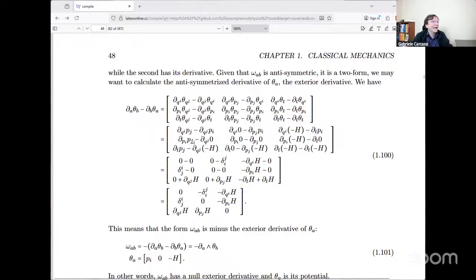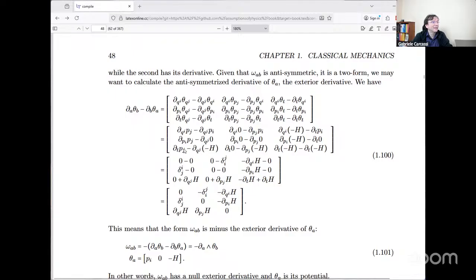Then the terms with p and p are going to be Kronecker deltas, because they're going to be one if and only if i is equal to j, and zero otherwise, because momentum along different components are independent variables. And so you get all these Kronecker deltas when you have the derivative with respect to p.